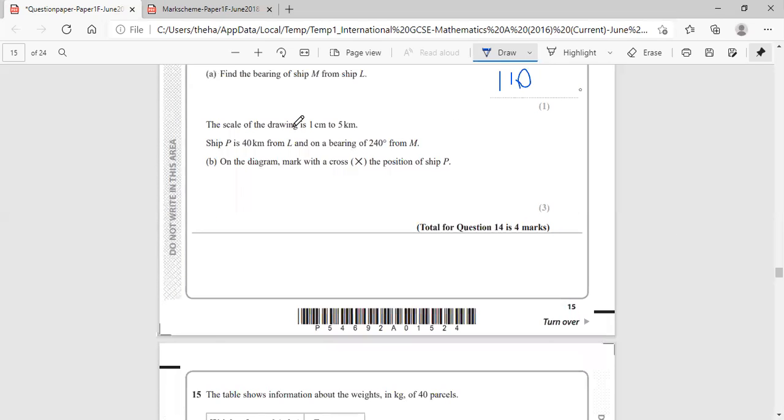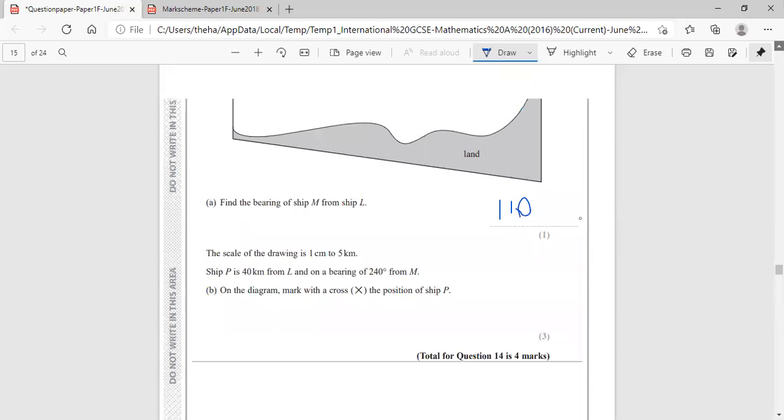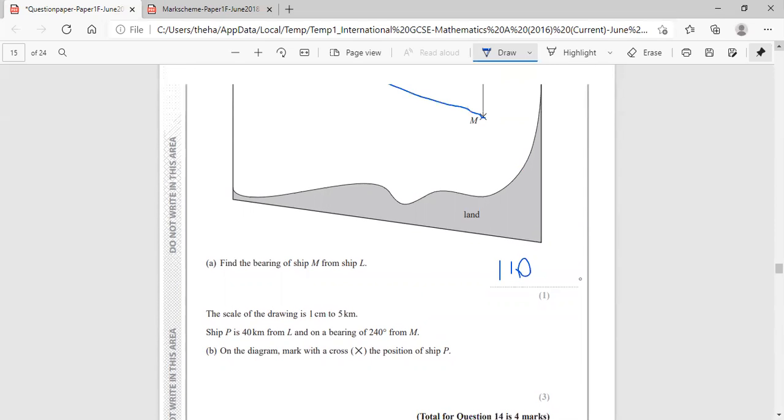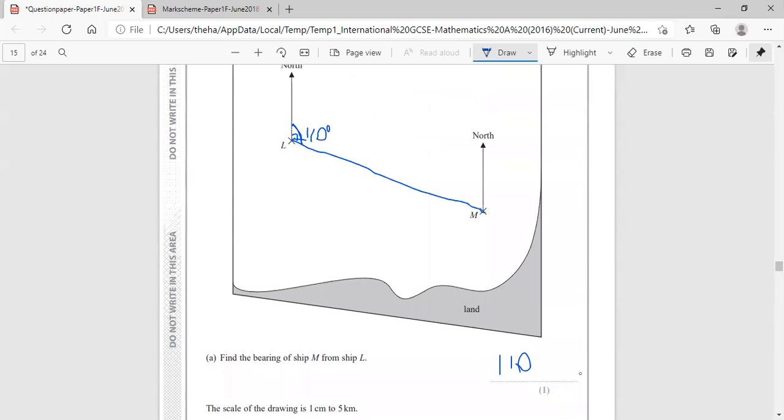So the scale drawing is 1 centimeter to 5 kilometers. Ship P is 40 kilometers from L and on a bearing of 240 degrees from M. On the diagram, mark with a cross the position of P. So we're working out where ship P is, which is a new ship.